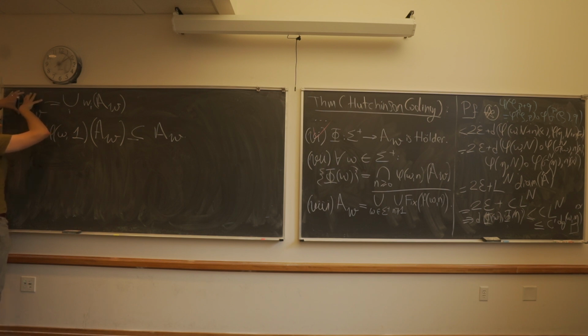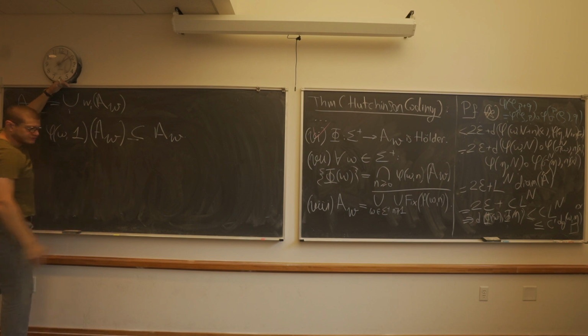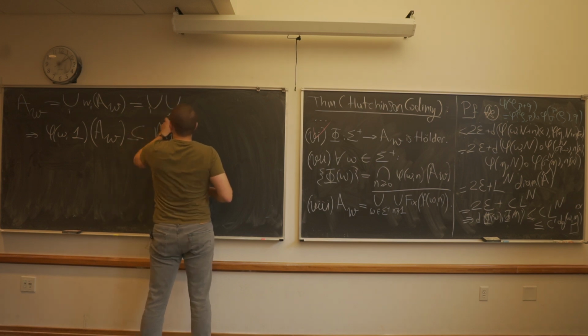If A sub W equals the fixed point of the Hutchinson operator, it's also the fixed point of the Hutchinson operator applied twice. So I can replace this by a second intersection.